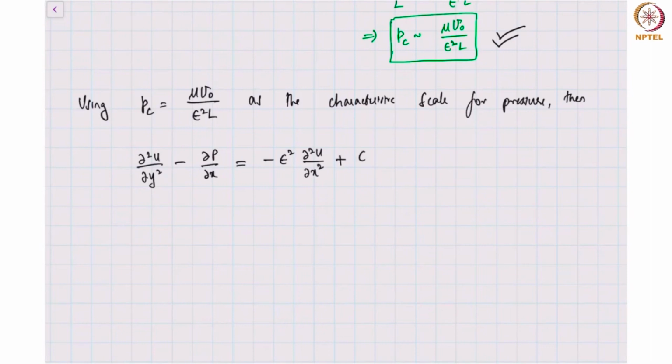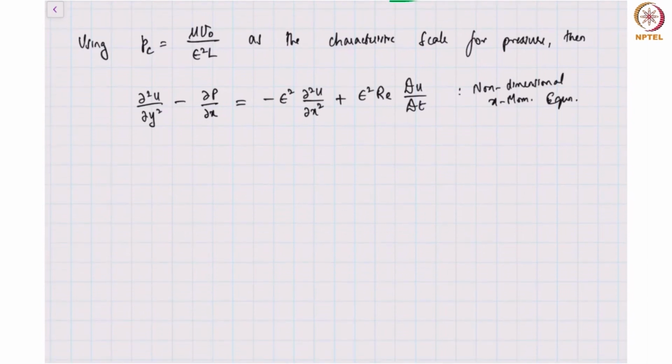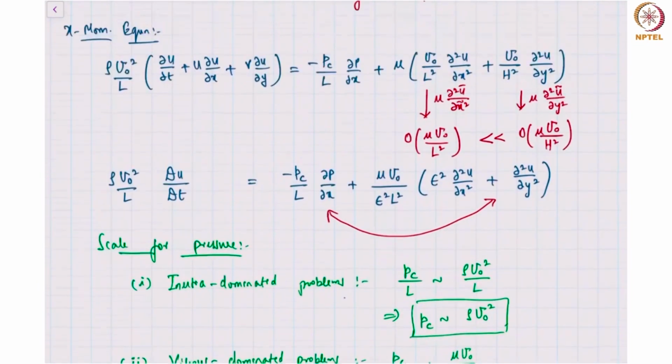We have epsilon square Reynolds times Du/Dt. This is the non-dimensional x momentum equation.